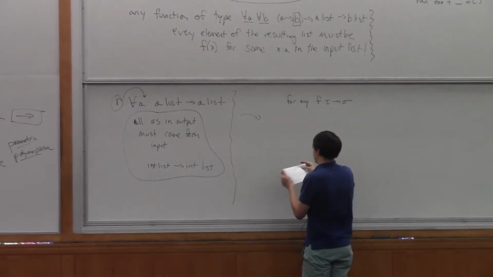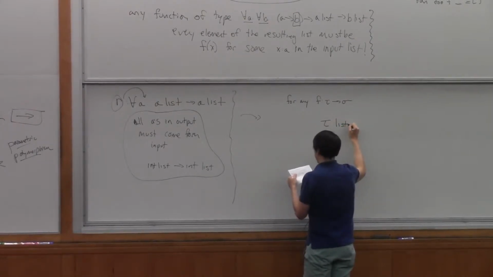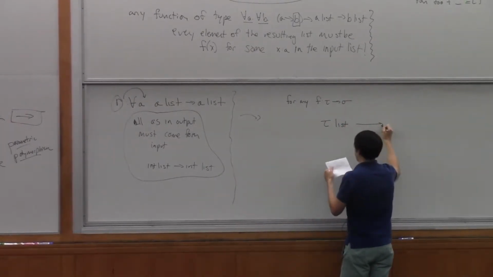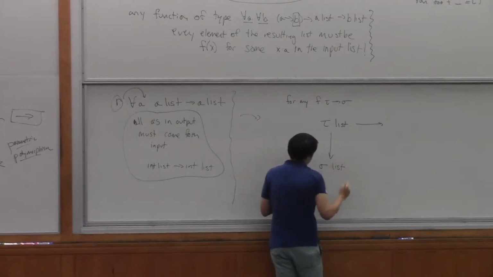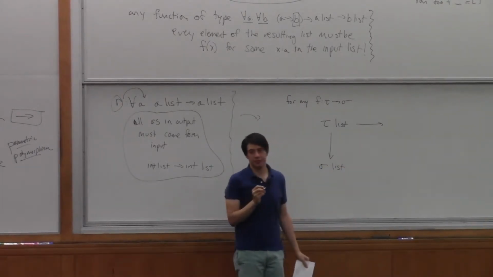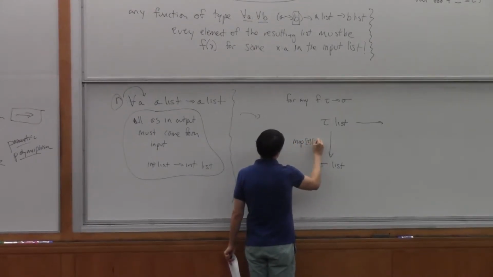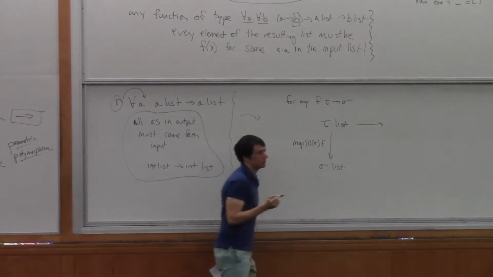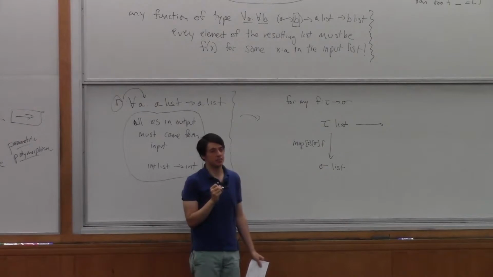Then here are a couple of different things I can do. I can start with a tau list and make it into a sigma list. How can I do that? That would be map tau sigma f. Okay? What else can I do with a tau list?